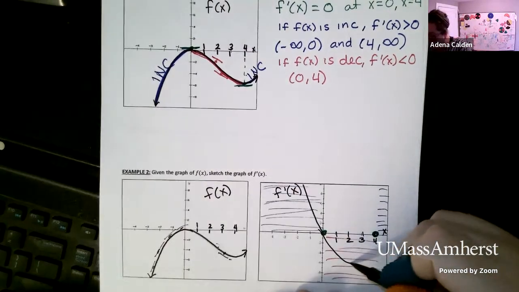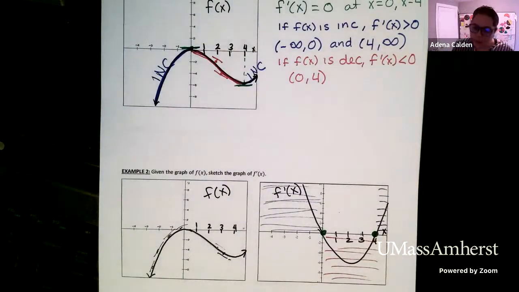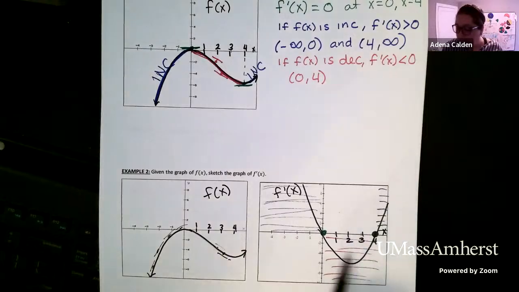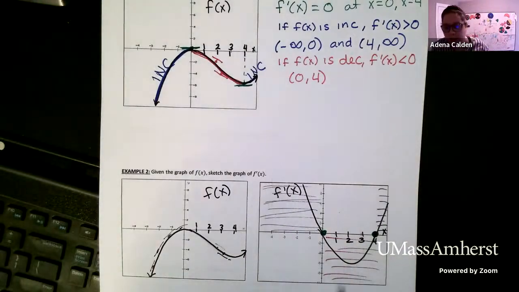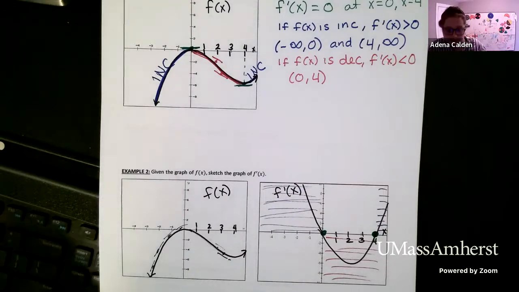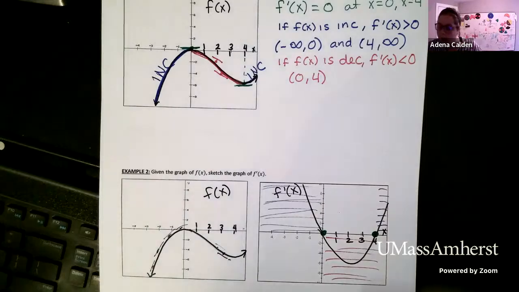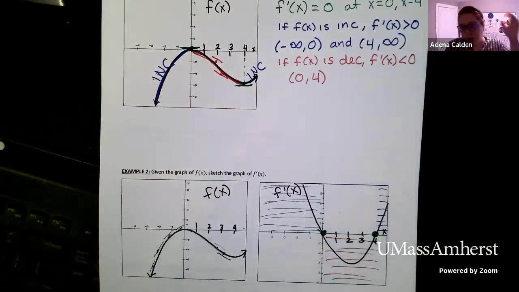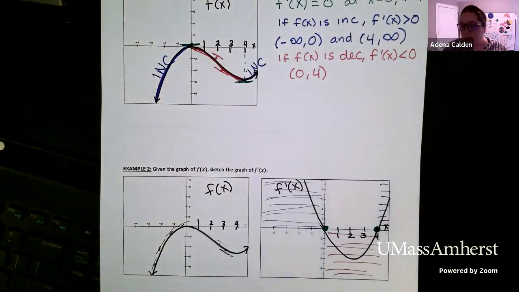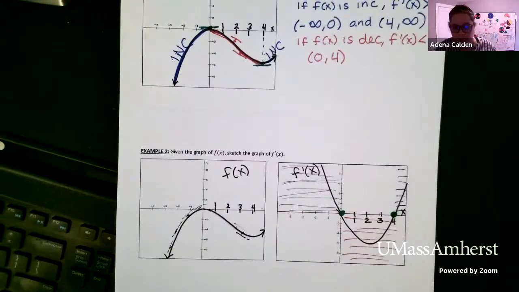So more and more negative, back towards 0, and back up this way. So a rough sketch of what my first derivative looks like is this sort of U shape, where I'm positive over here and negative down here. Okay? So that's how we go about doing the work from 2.2, which was last week, thinking about an original function and then either knowing some properties of the first derivative or even drawing the first derivative.